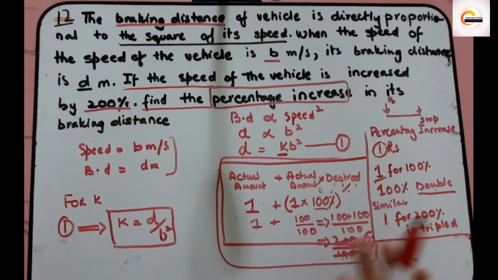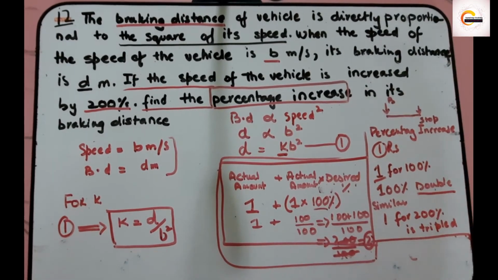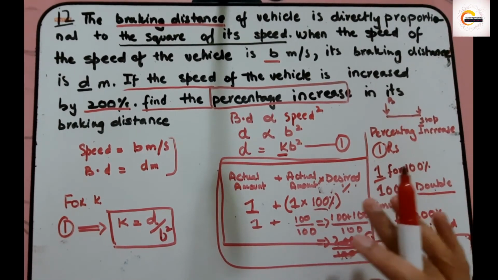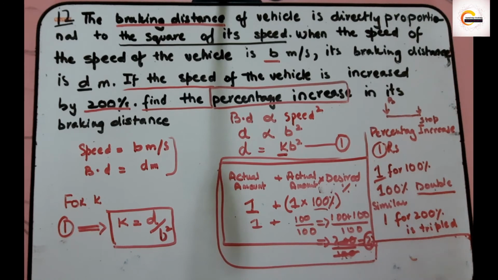Otherwise, you can do it this way as well: if there is a 100% increase in any amount, you have to double it. If there is a 200% increase, you have to triple it, right?